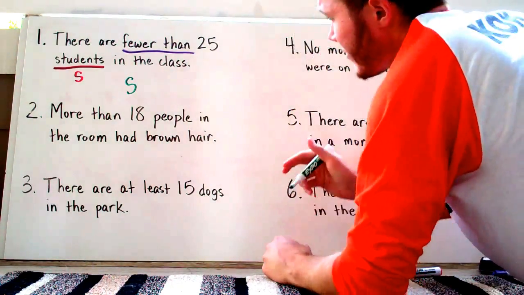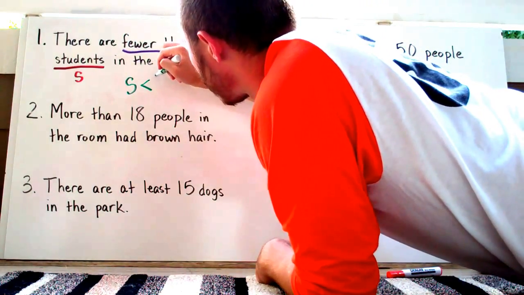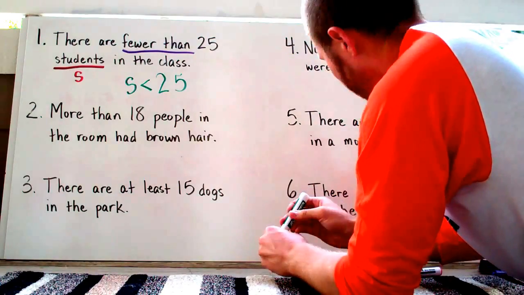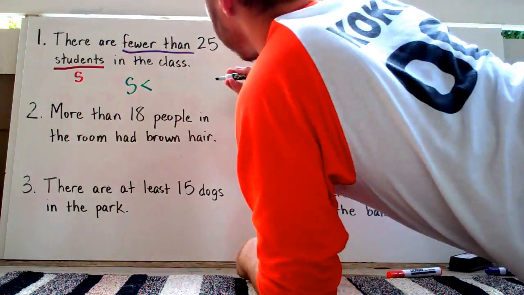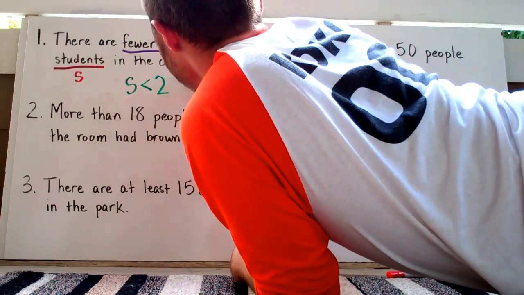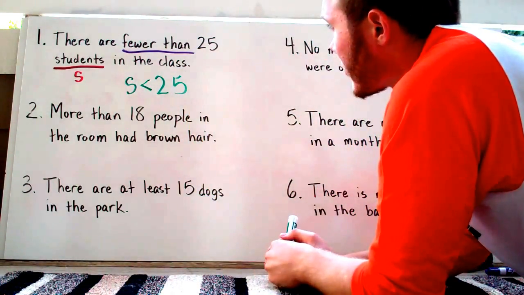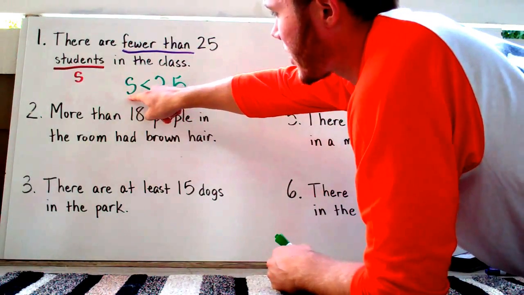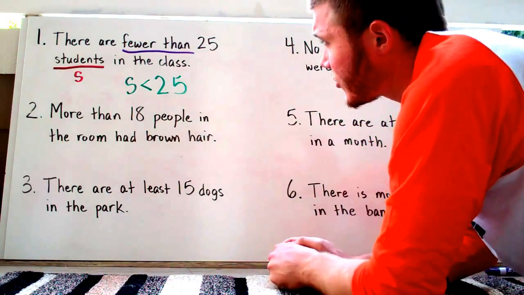Fewer than 25 means the number of students must be less than 25. And that is an ugly looking 25, so let me rewrite that. S is less than 25. There are fewer than 25 students in the class. So any number we plug in that's less than 25 for S is going to make this inequality true.